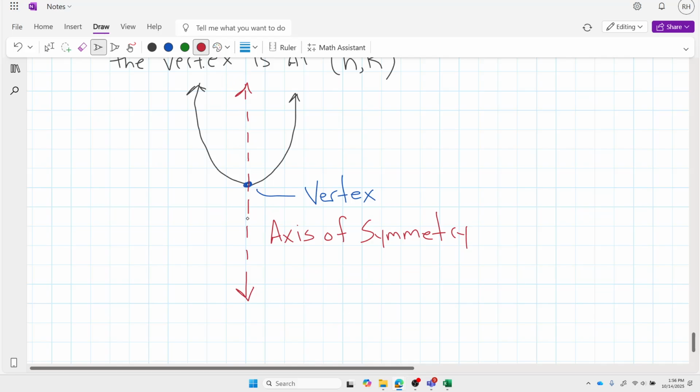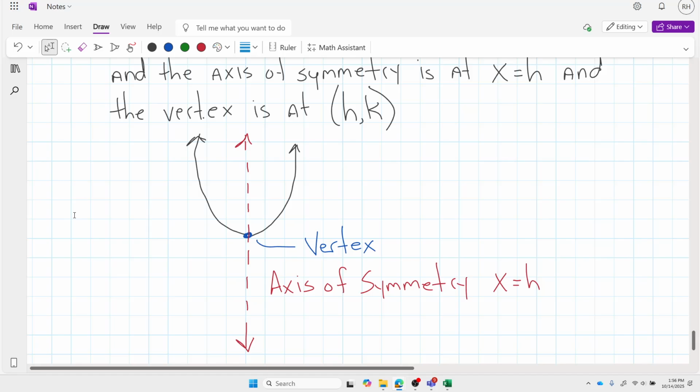And since it's a vertical line, it's always going to be x is equal to the h value, or the opposite of the h value, when the equation is written in vertex form. Okay? Now, as we get going here, this will all make a lot more sense.